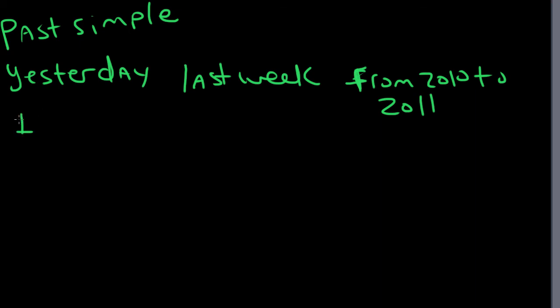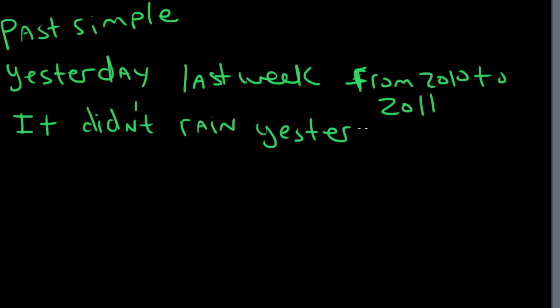So let's look at an example. It didn't rain yesterday. So didn't is in the past simple, and rain yesterday means it's a completed action.